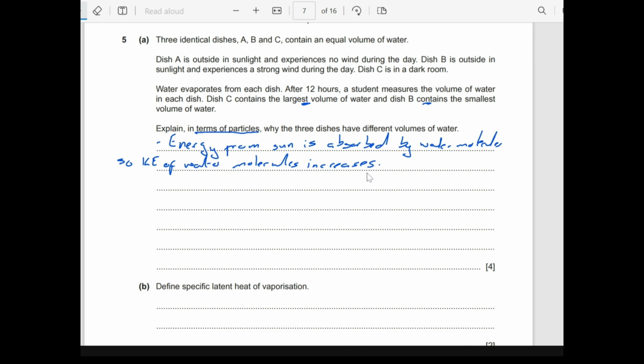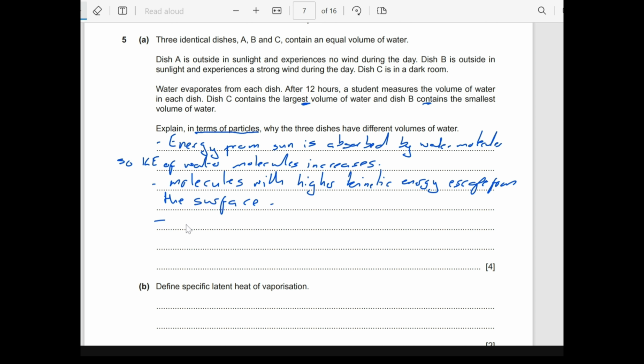And you know what happens once the particles' kinetic energy increases? Molecules with higher kinetic energy will escape from the surface.